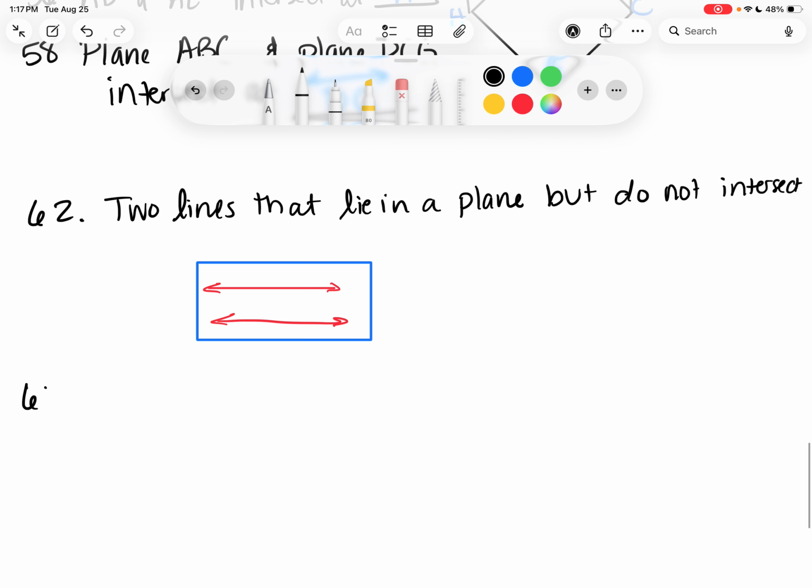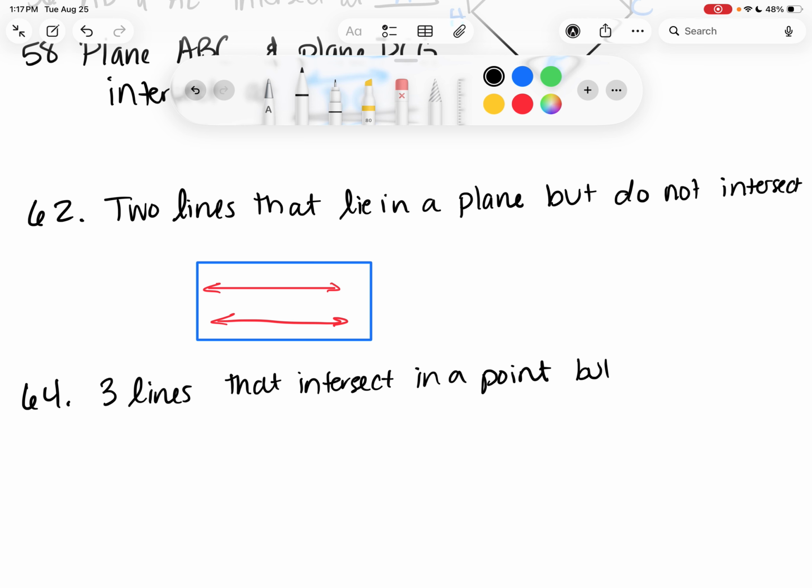64. Three lines that intersect in a point but do not all lie in the same plane.